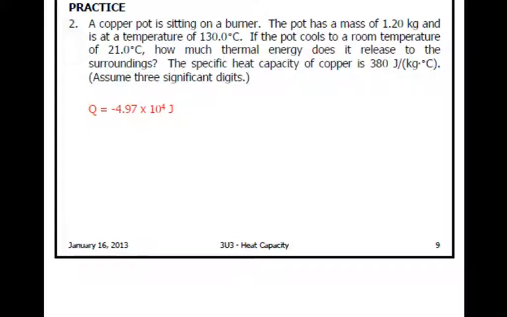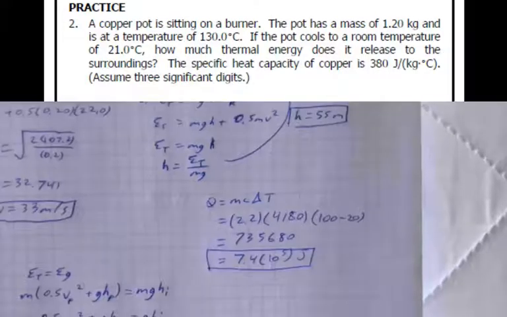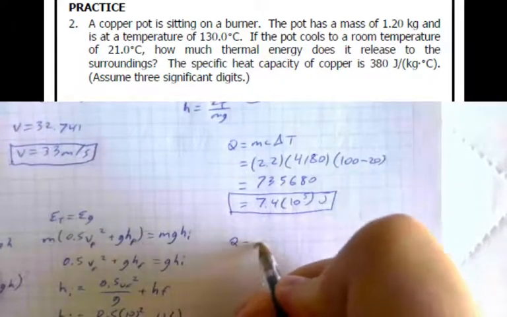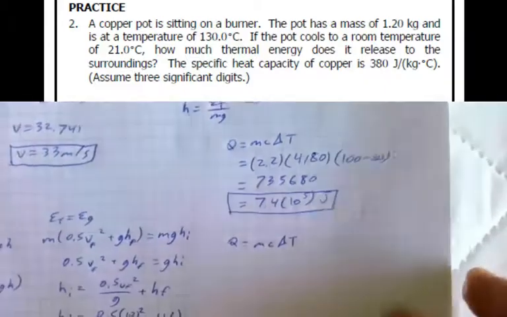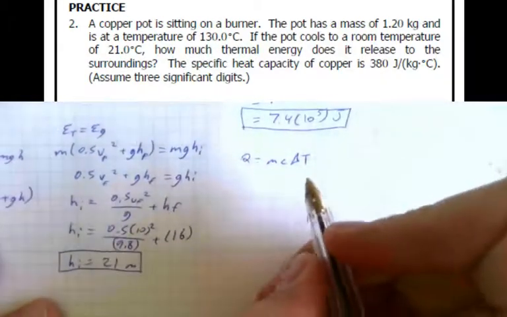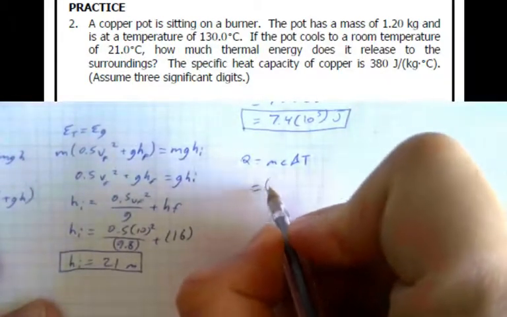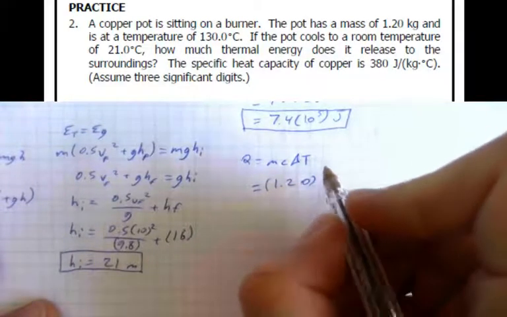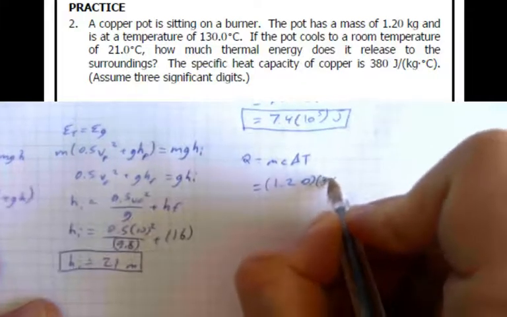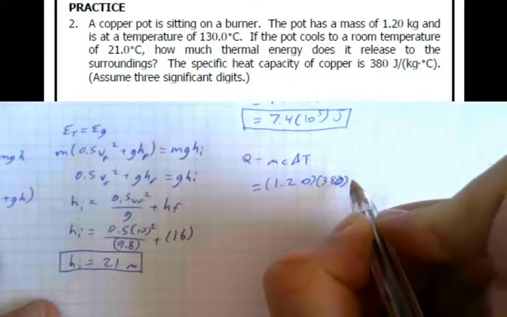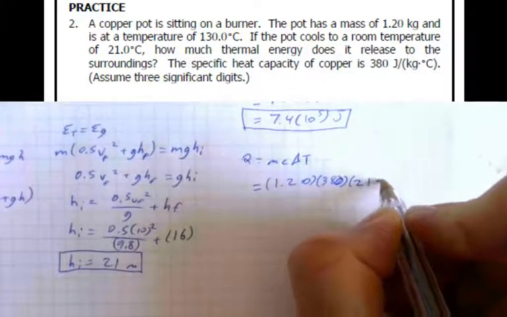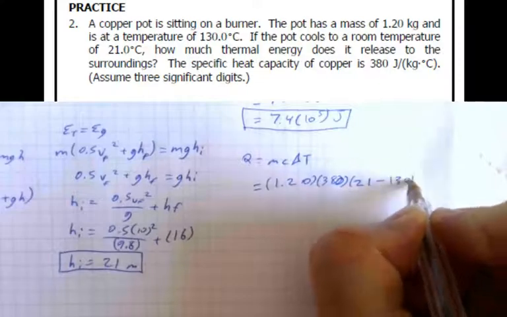By doing that, we would use our Q calculation. So let's turn this on again. So in this case, it's Q equals mc delta T. But our m is 1.20. Our c is 380. And our delta T is 21, which is the final temperature, minus 130, which is the initial.